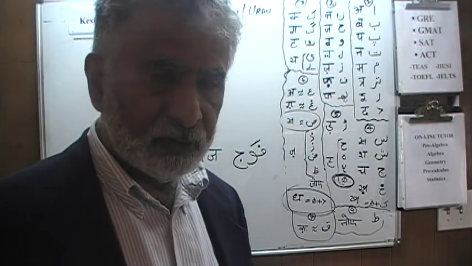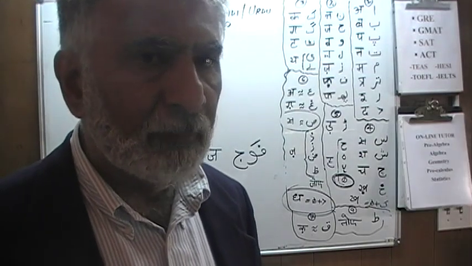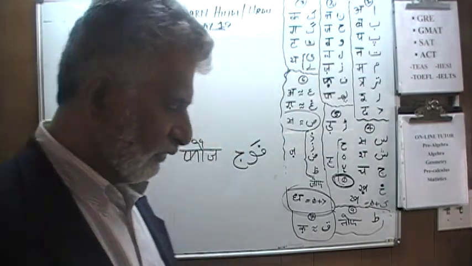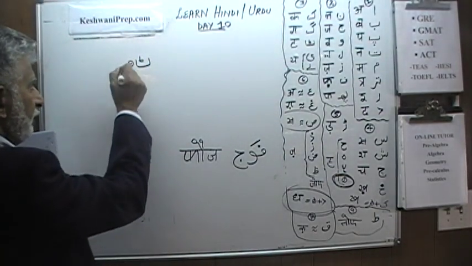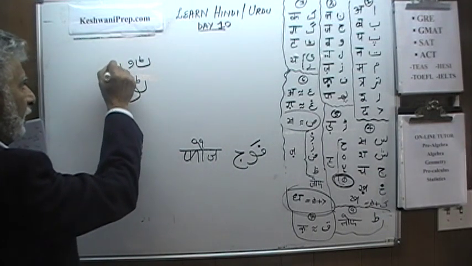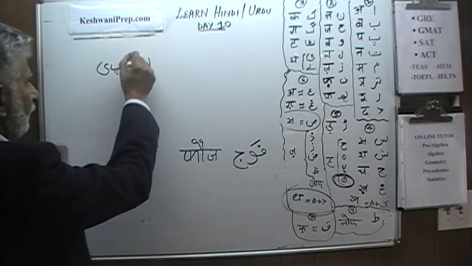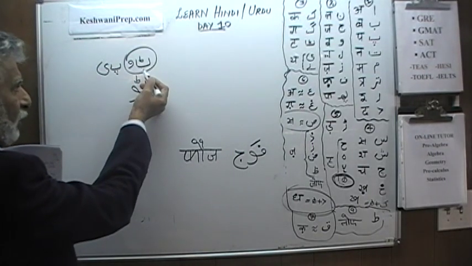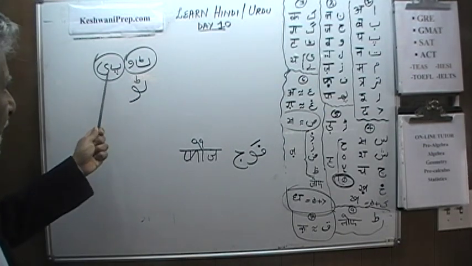Here's the first one. So here's again our te, and when we join with wow, it looks like this. To, and then we have a pe and choti ye. So that makes a choti o ki matra, and this makes a badi e ki matra.